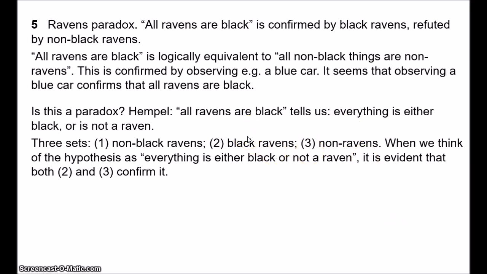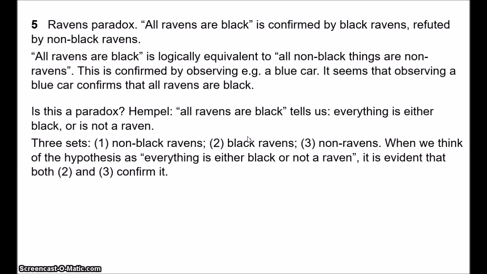But it also seems quite natural to say that any instance of a non-raven also confirms it. After all, the statement is that anything that isn't black isn't a raven, and a blue car, for example, is an instance of this. Perhaps another way to think about this, suggested in Peter Godfrey-Smith's book Theory and Reality.